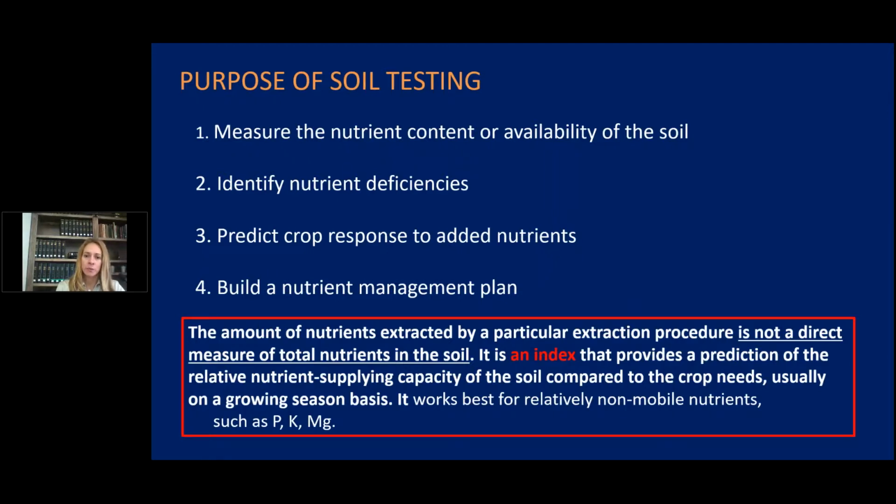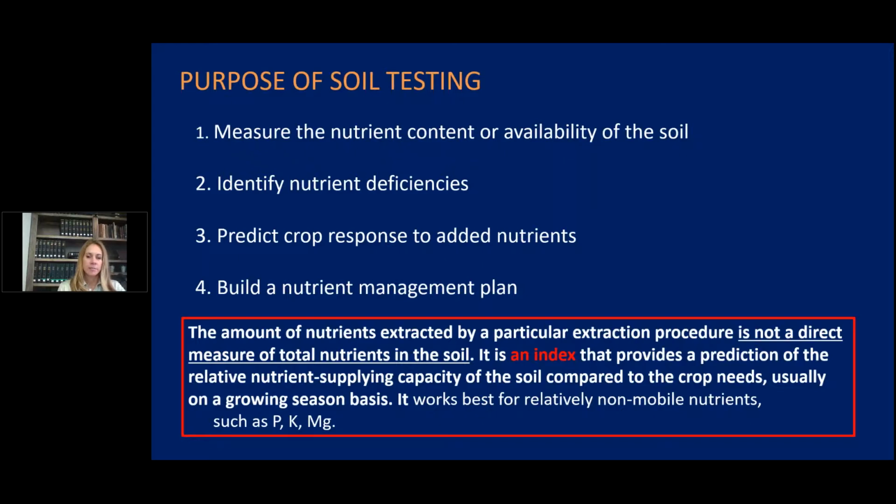It's probably the most important piece of information in the soil test report, because the index provides a prediction of the relative nutrient supplying capacity of the soil compared to the crop needs. So based on the index, we can determine whether or not additional fertilizer is needed.